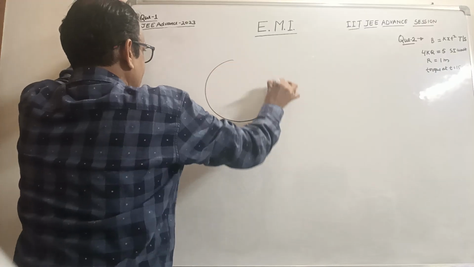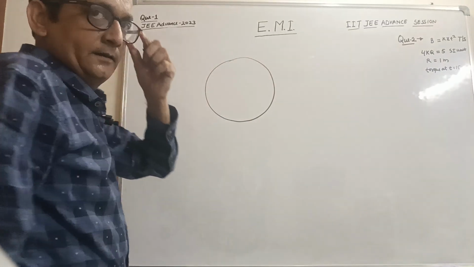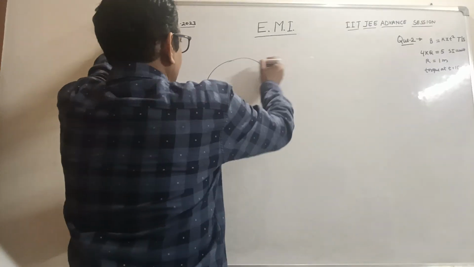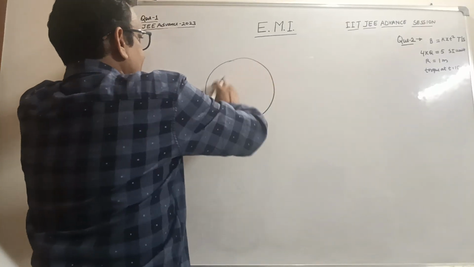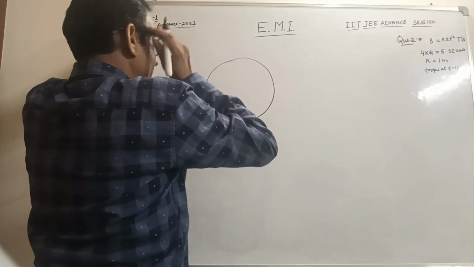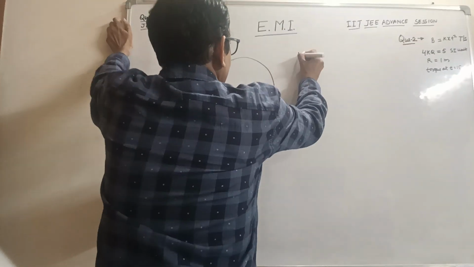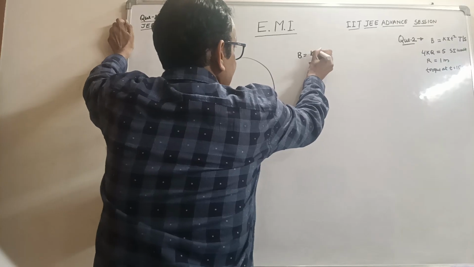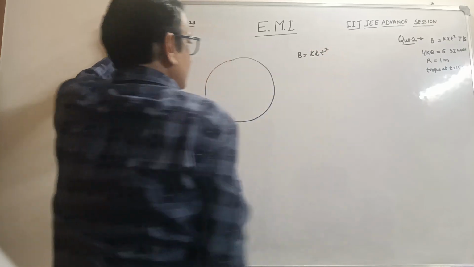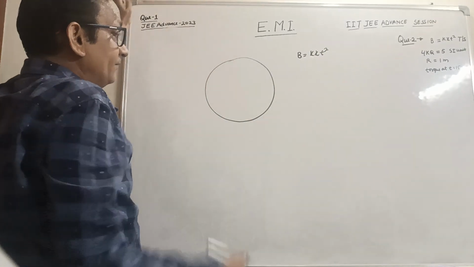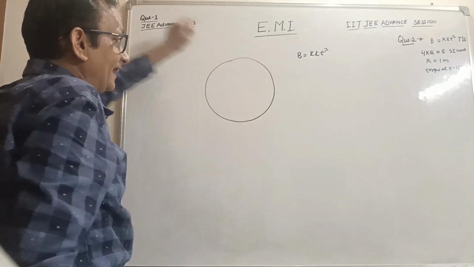So this is the scenario here. Q charge is spread over it, and a magnetic field is given, B is equal to kxt square. So the magnetic field is variable in x and t.